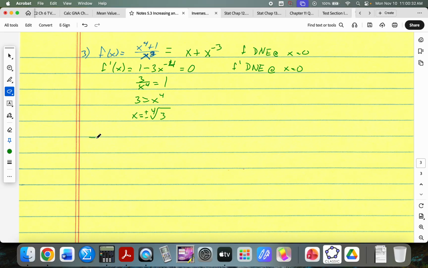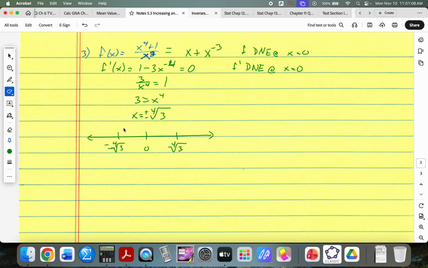All right, so I want to include 0, the negative 4th root of 3, and the positive 4th root of 3. And that looks like that's part of the root sign, so I'll stick a negative up there so it's clearer.